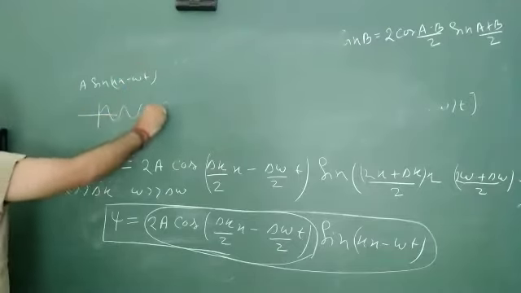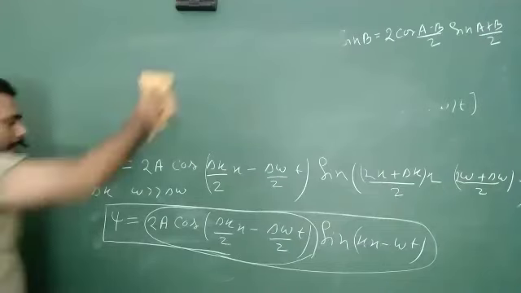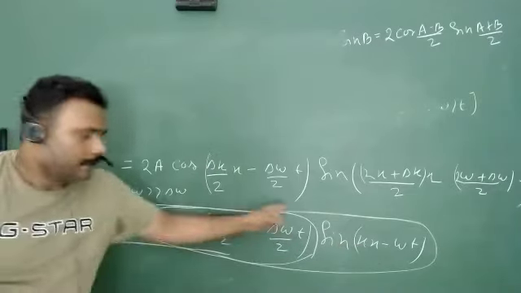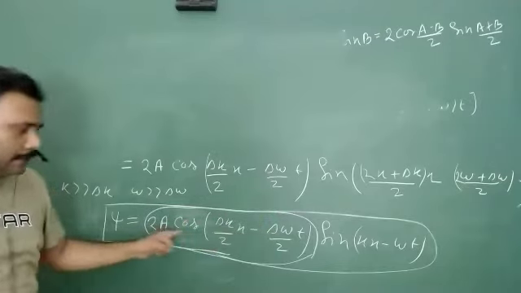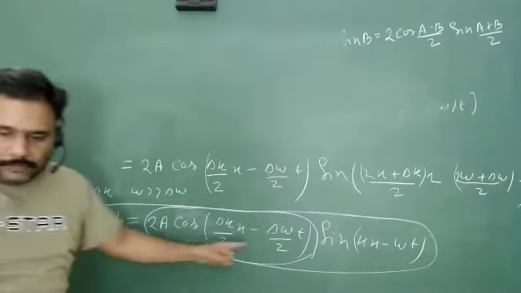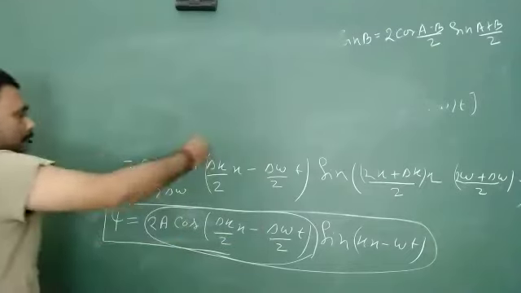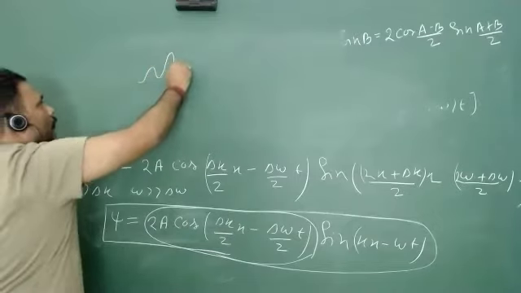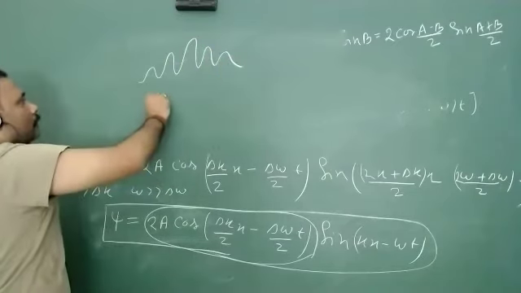The amplitude is the same. Now you can find this part remains the same and this part is going to change. This just behaves like a cos function, so the amplitude is going to change. So how is all this going to change? Something like this, isn't it?